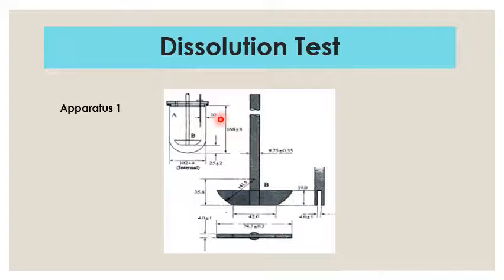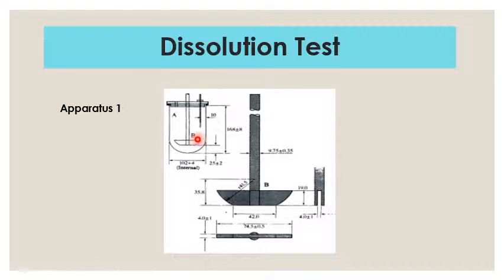The assembly consists of the following apparatus: a cylindrical vessel made of borosilicate glass or any other suitable transparent material, with a hemispherical bottom and with a nominal capacity of 1000 ml and inside diameter 98 to 106 millimeter.